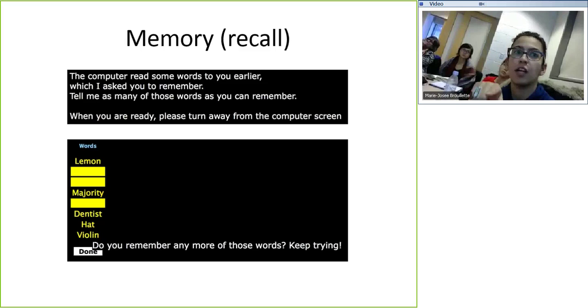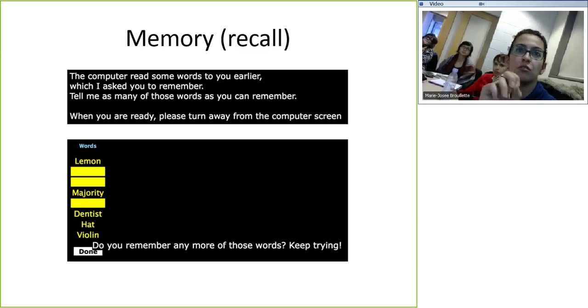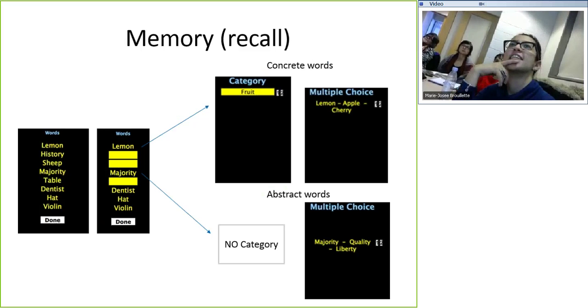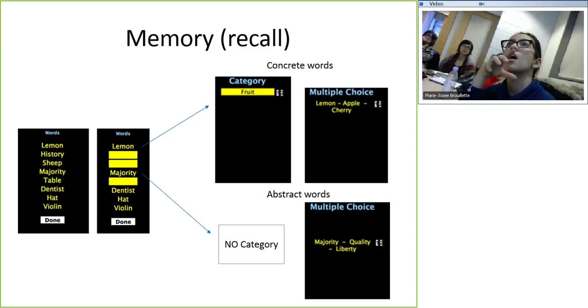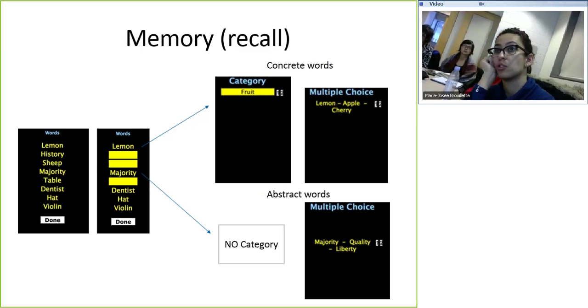Whatever they don't remember, we give them hints for. There are 2 kinds of words: concrete words and abstract words. For the concrete words, we give them a hint about the category, and if they don't find it, we give multiple choice. For the abstract words, there's no category, but we give them a multiple choice for the answer.